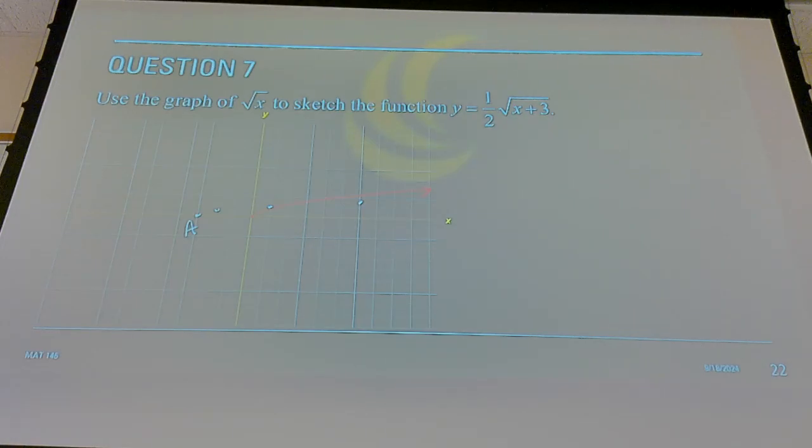So I might print axes for you to use. Oh, this is going to be a pain. That's good enough.